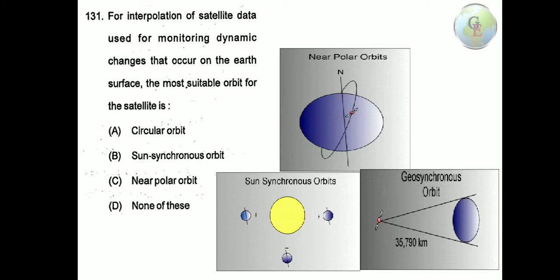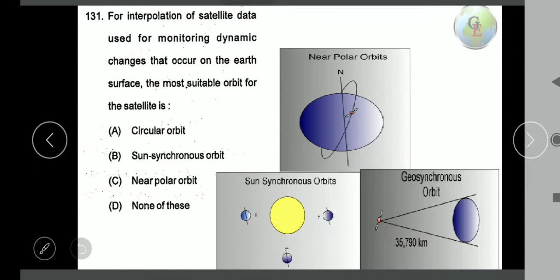So, first, what is an orbit? An orbit is a curved path of a celestial object around another celestial object due to the force of gravity. As we know, the moon is revolving around the earth, and the path over which the moon is orbiting is known as the orbit. So, option A, circular orbit. As the earth is not circular, a circular orbit is not possible. So, circular orbit is not the correct answer.